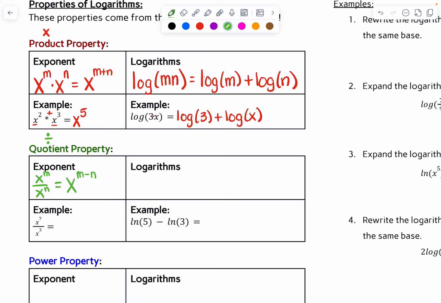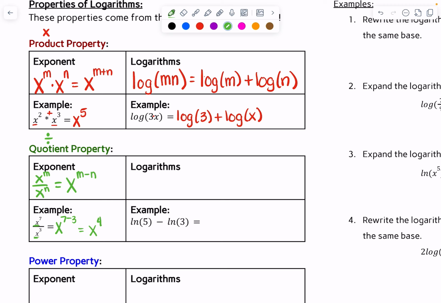So in this case, we are subtracting the exponents. As an example here, we have x to the 7th power divided by x to the 3rd power. Again, same base. So that's just going to be x to the 7 minus 3 power, which is going to be x to the 4th power.